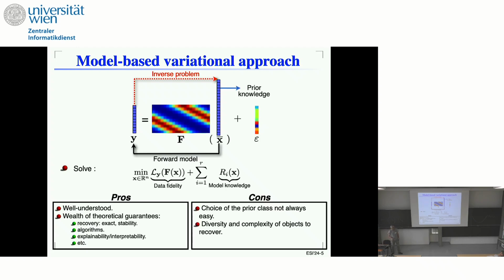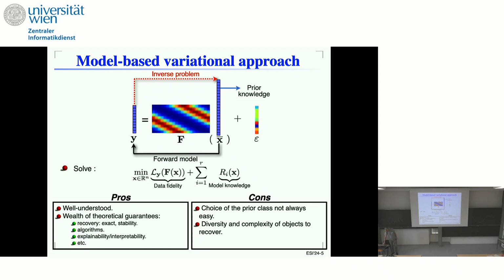The cons is that you have to choose your prior, and this is not always easy. It depends on the prior knowledge you have, or as an expert, you can impose this by saying, okay, I'm looking for this type of object. And the diversity and complexity of objects to recover makes this even more complicated.